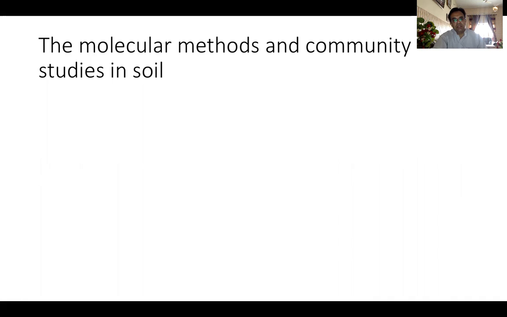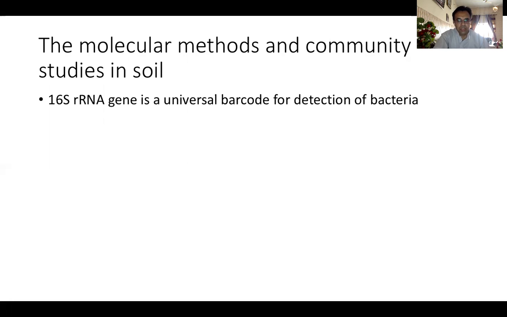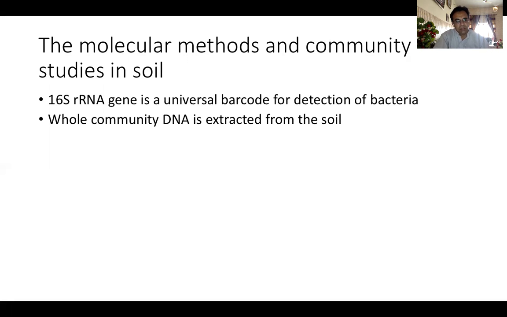Now, what are the molecular methods that can be used to study the communities in the soil, especially bacterial communities? The molecular methods are mostly based on the 16S RNA gene, which is used as a universal barcode for detection of bacteria.